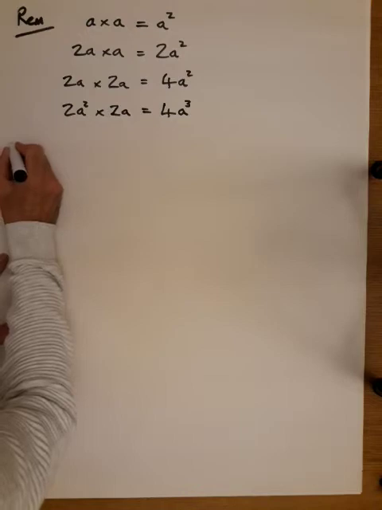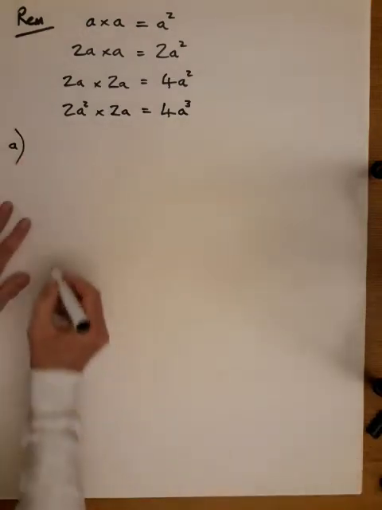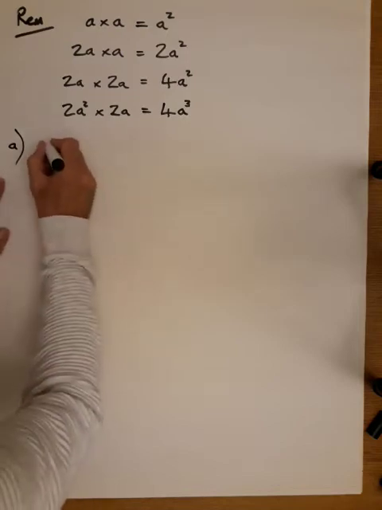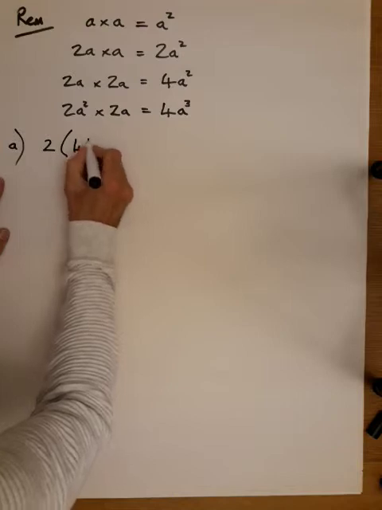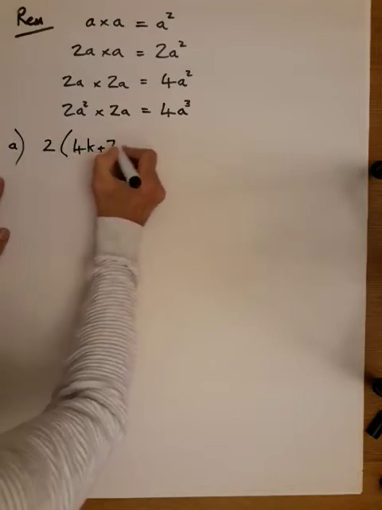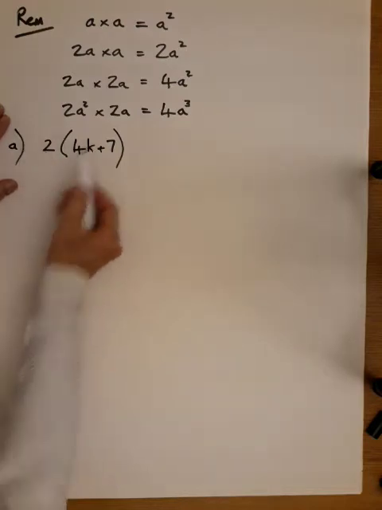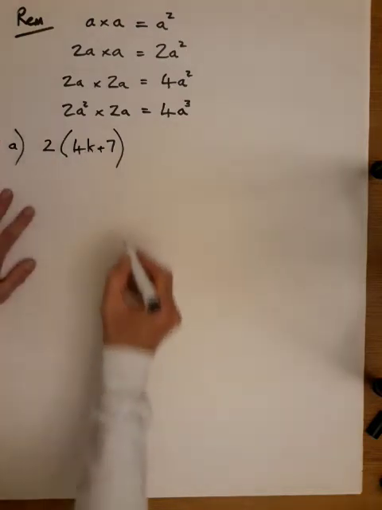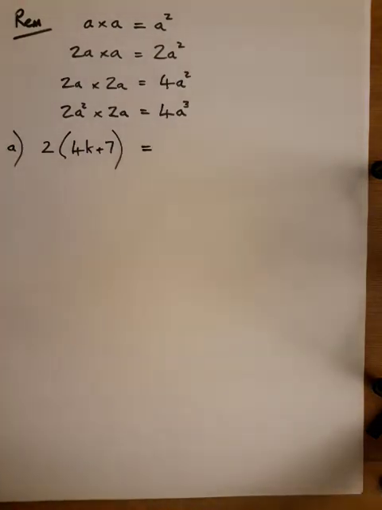Let's do some examples showing expansion of brackets. The first one, 2, and that's going to be times 4k plus 7. So whatever is outside of the bracket multiplies everything inside the bracket. See if I can get some colour. There we go.